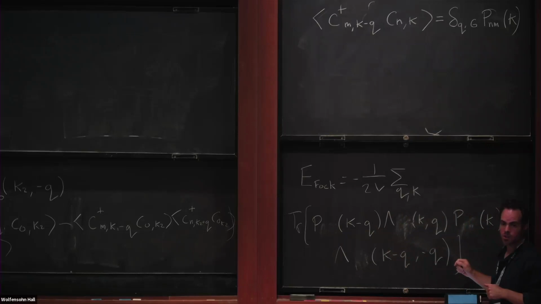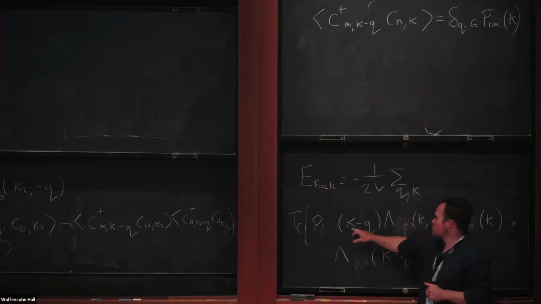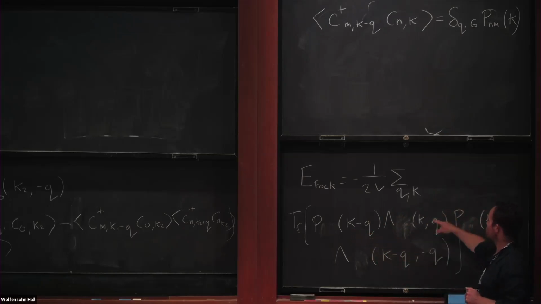Lambda p lambda you can show in general is positive semi-definite and is a matrix with eigenvalues between 0 and 1. And the way you would maximize this is to choose the projector here to have support on the largest eigenvalues of lambda p lambda. So it's kind of like this defines a particular space, and you want the projector here to align with that space.